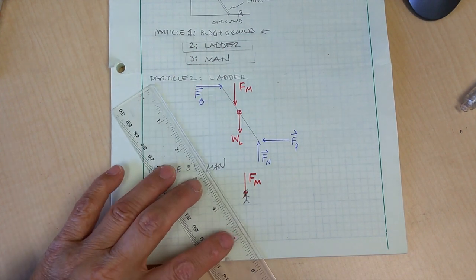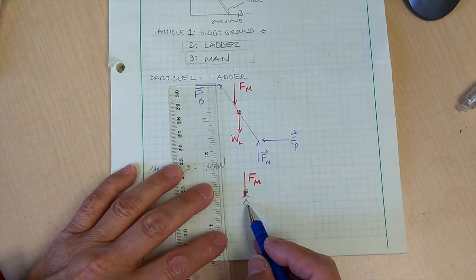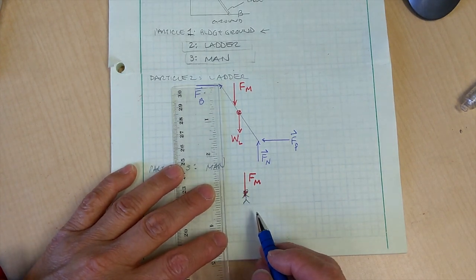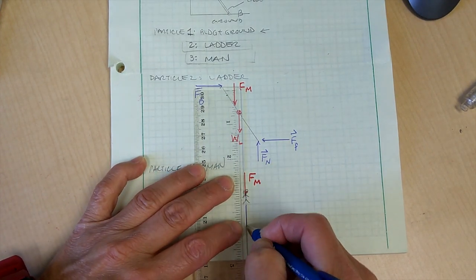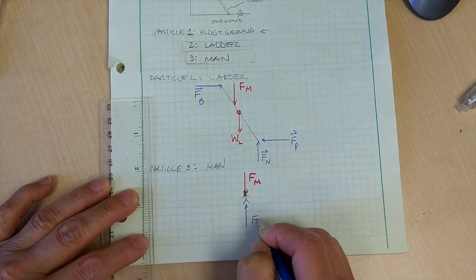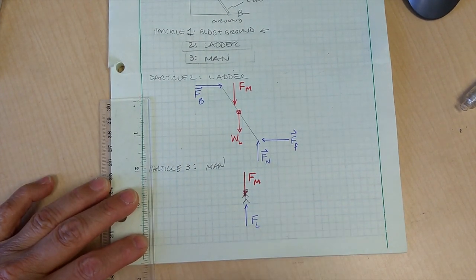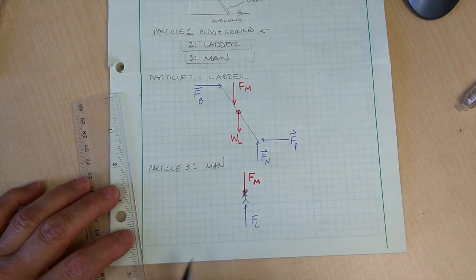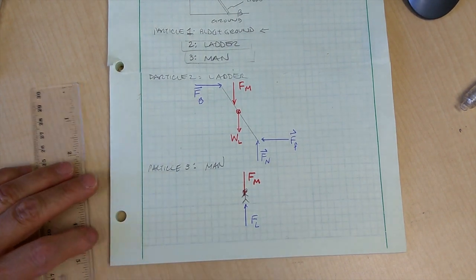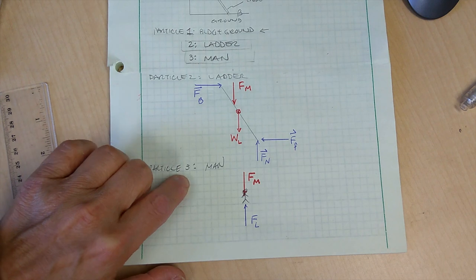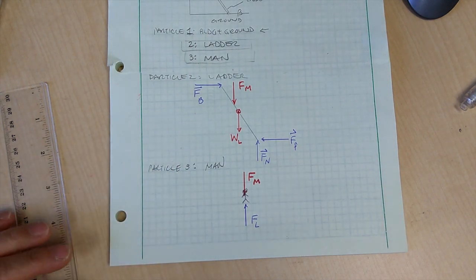But the ladder actually supports him, and it exerts a force back onto him by the feet. So this is the force due to the ladder on the man. And that is a free body diagram of particle 3, which we consider to be the man.